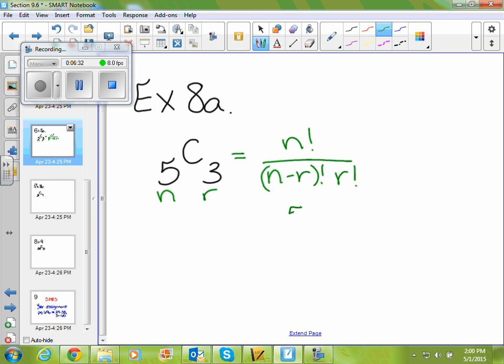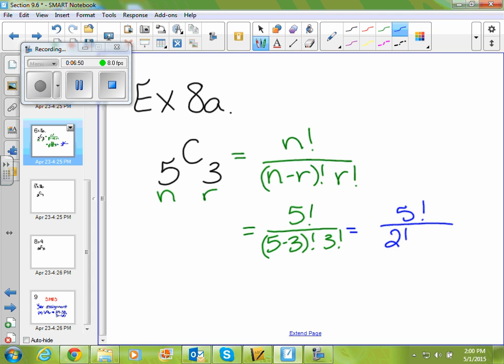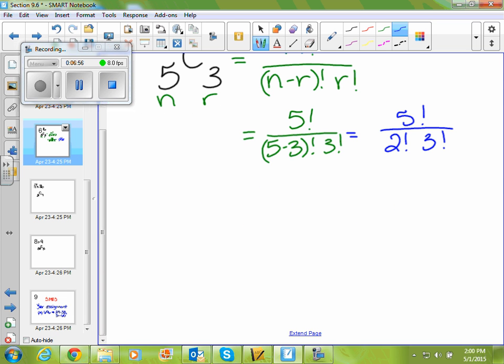So I get 5 factorial divided by 5 minus 3 factorial times 3 factorial. So if I simplify, 5 factorial, 5 minus 3 is 2 factorial, times 3 factorial. You can't combine them that way. So no, we can't combine the 2 and the 3 into 5.